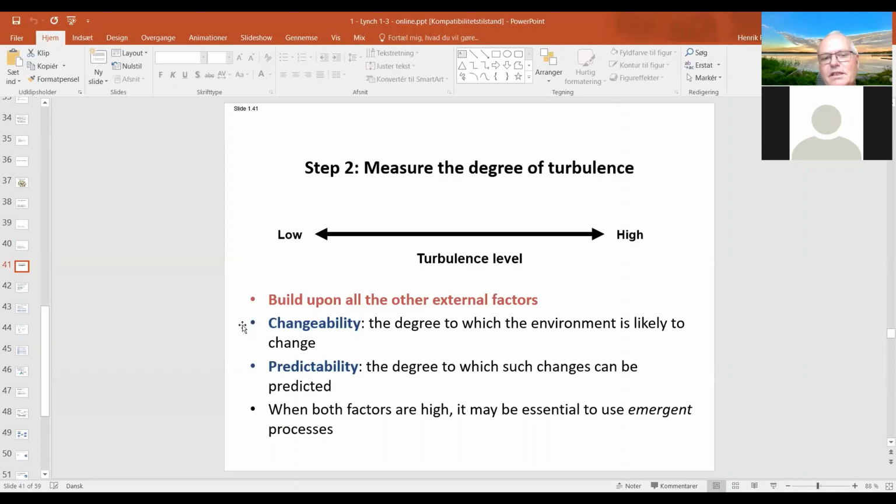If we have an environment that is changing a lot, constantly, and we combine that with predictability, saying that we cannot really predict anything, that is a pretty tough situation, because everything is changing and we can't predict it.